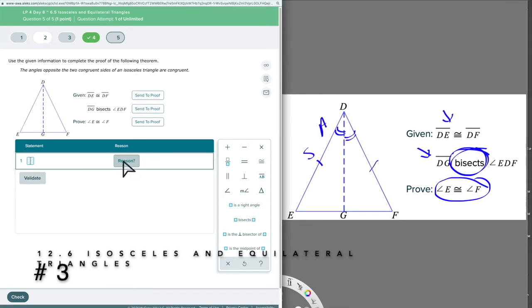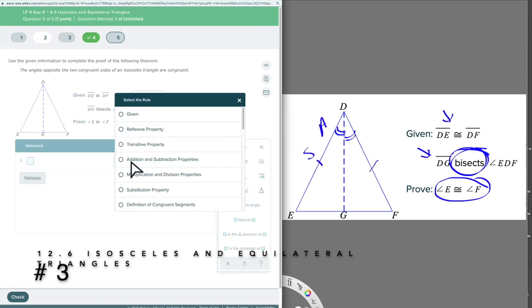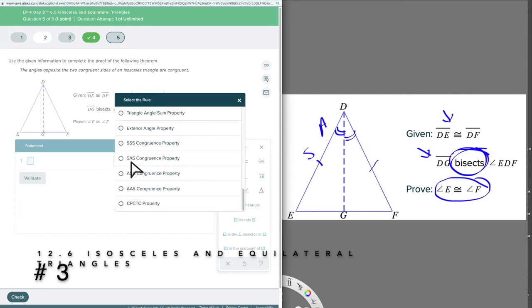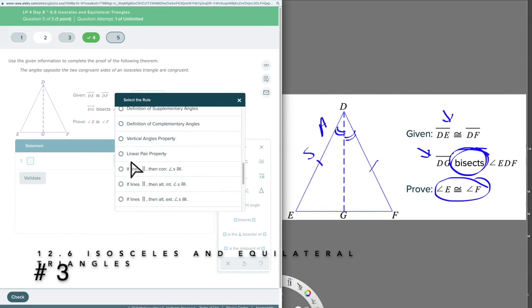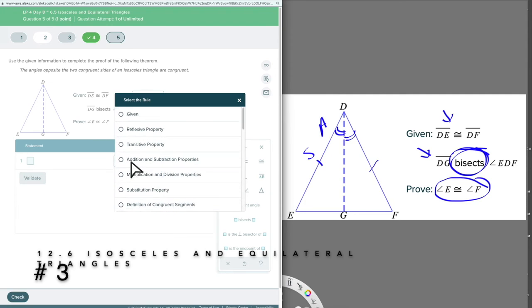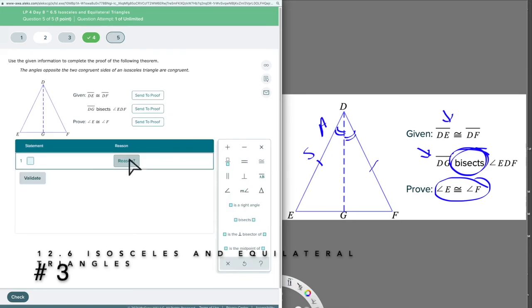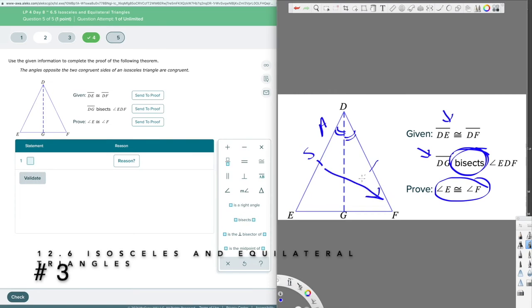I wonder if that's in the list. That'd be interesting if it was, wouldn't it? I don't see isosceles triangle theorem in the list. So they took it away because that's what we're trying to prove. Because I was going to say right away, okay, they're opposites, but I'm trying to prove why this is true.